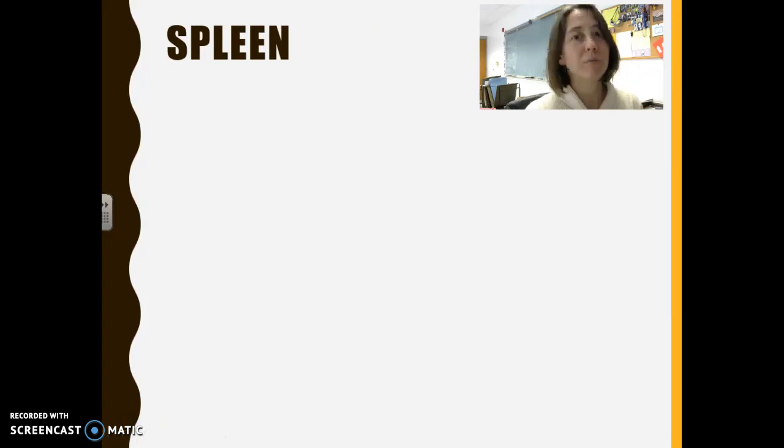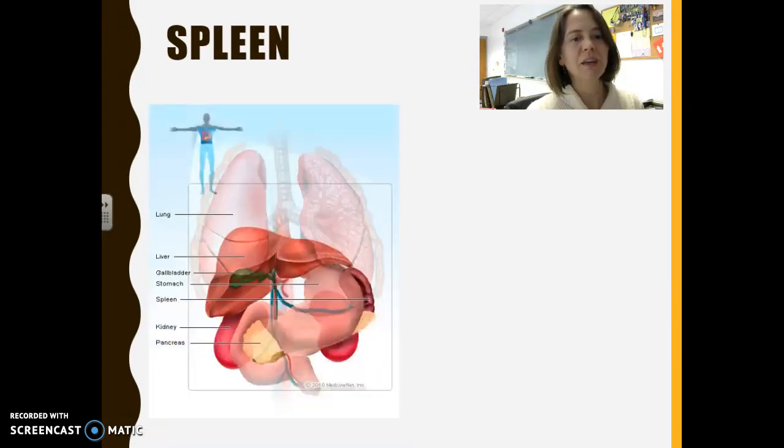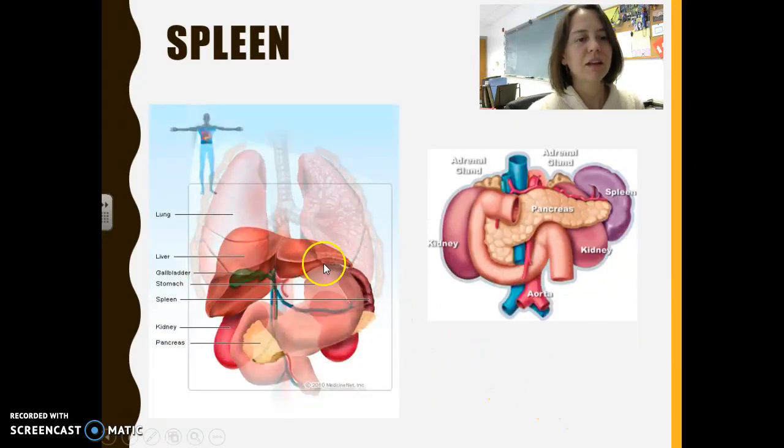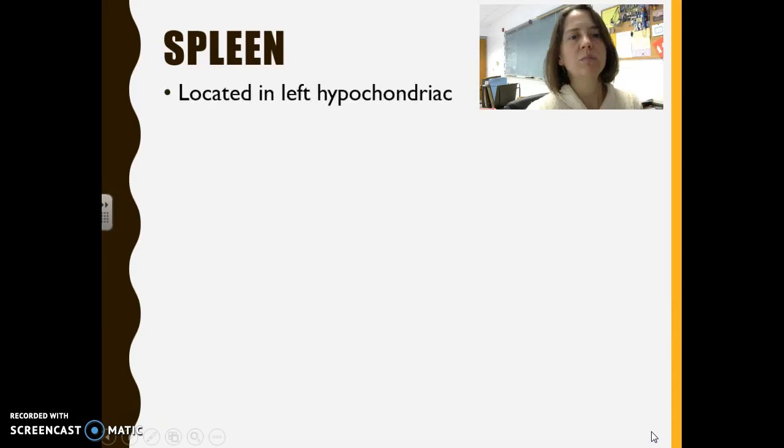So maybe some of you know where your spleen is. It is by the stomach, underneath the diaphragm, on your left side. So if you look here, there's the pancreas, the stomach would be above that, there's the kidney, and then the spleen is tucked right there. So what about the spleen?